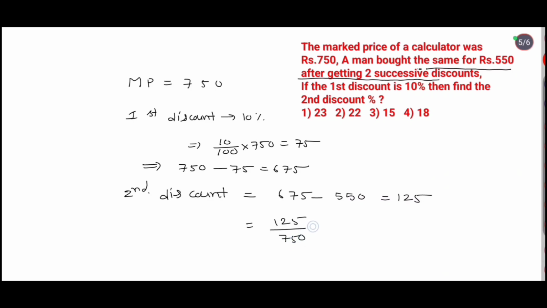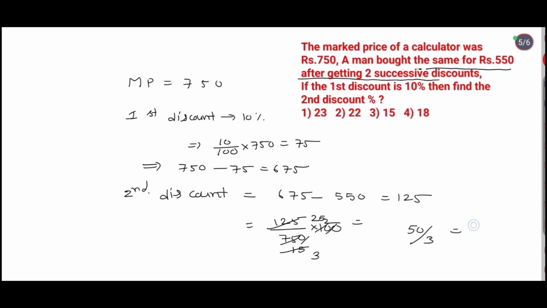So 120 by 750, market price, multiplied by 100. Zeros cancel. 5 2s, 5 15s are 125. 5 3s, 5, 25s, 25 multiplied by 50 by 3. 50 by 3, approximately 15 point 16 point something.